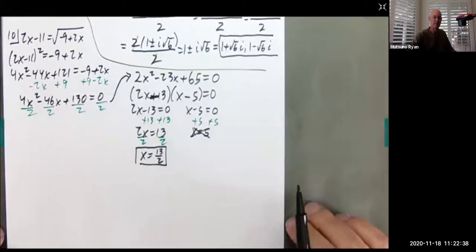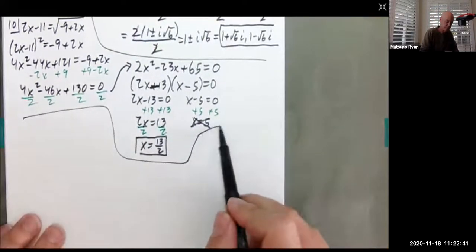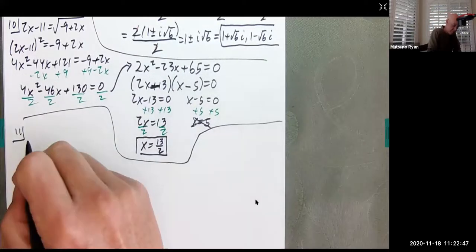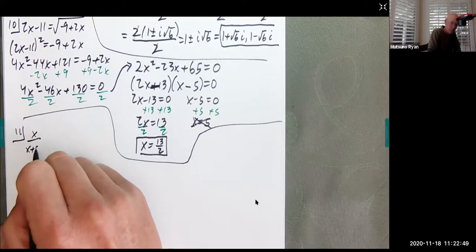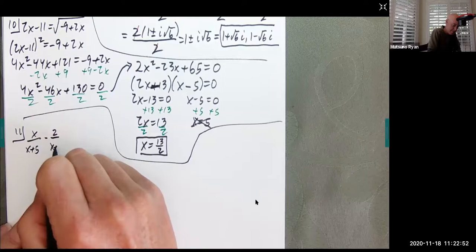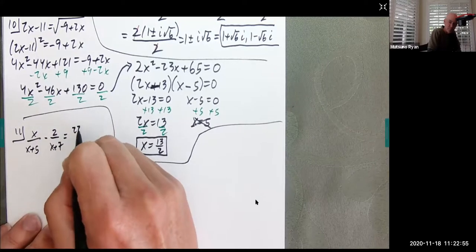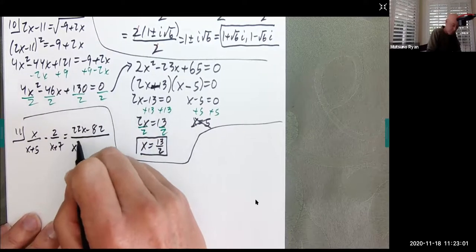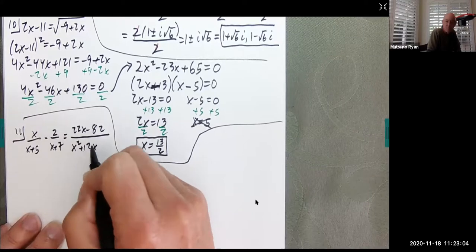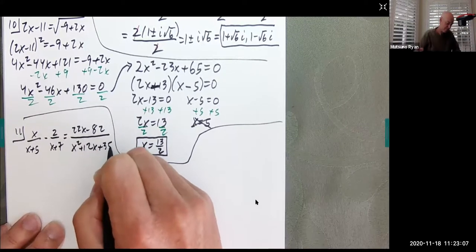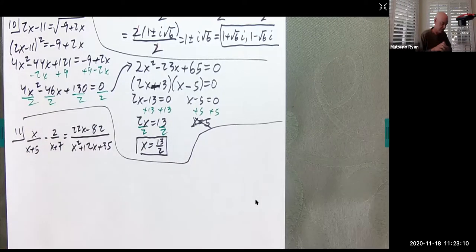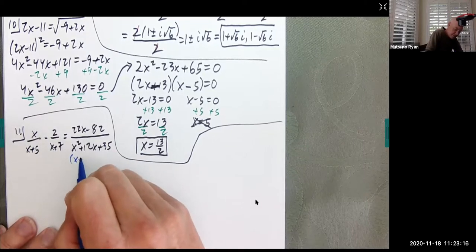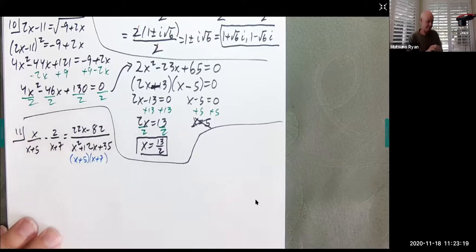Next up is number 11. All right, I'm going to note that this denominator very nicely factors into that.